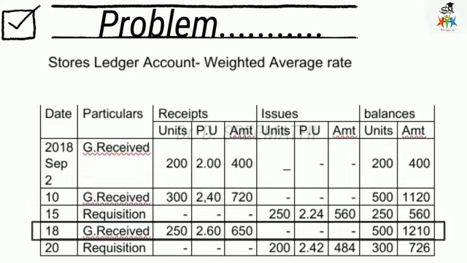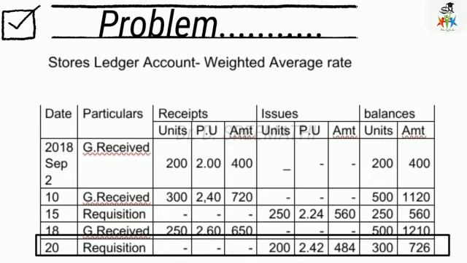Then the next time goods are received, it is 250 units at 2 rupees 60 paise, 650 rupees. In balance again 500 units, and adding this gives 1210. Then on the requisition slip, the issue is 200 units.